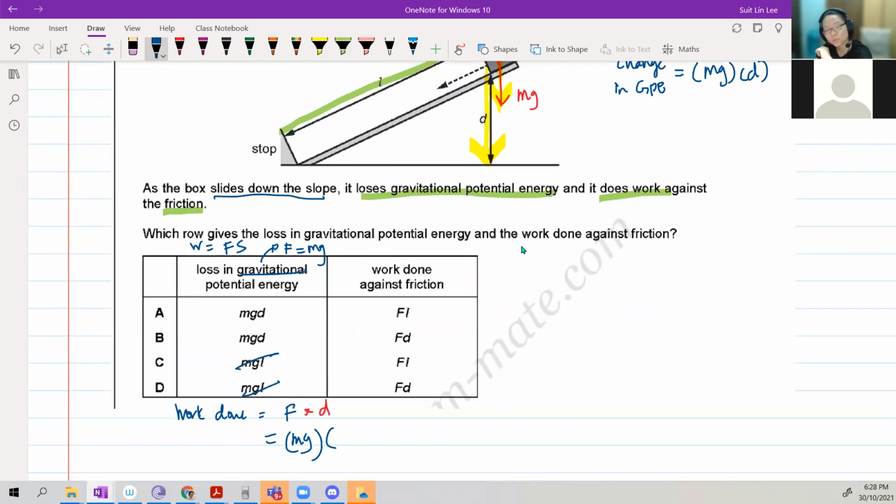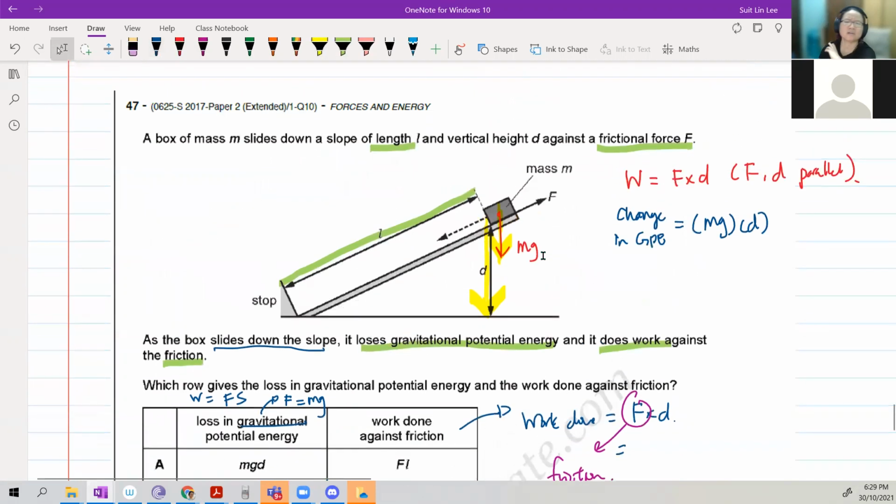So then I need to decide work done against friction. Who is the force here? Work done is equal to force times distance, but this force is now frictional force. Previously, the force is gravity. Where is friction, teacher? Nah, frictional force here. Which distance is parallel to this F?